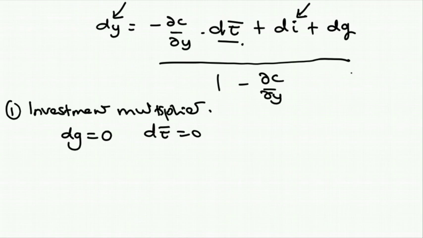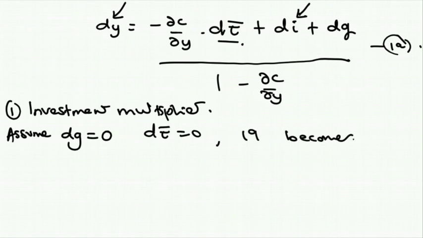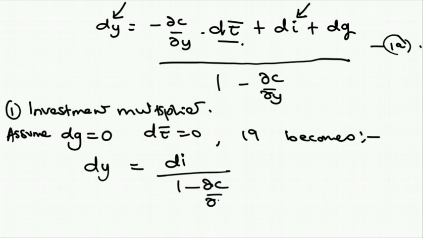And because of that, assume dG is 0, d tau bar also 0, 19 becomes dy equals to di over 1 minus delta c over delta y. In this case, we can see the total change in equilibrium income due to the change in investment demand by a certain amount.